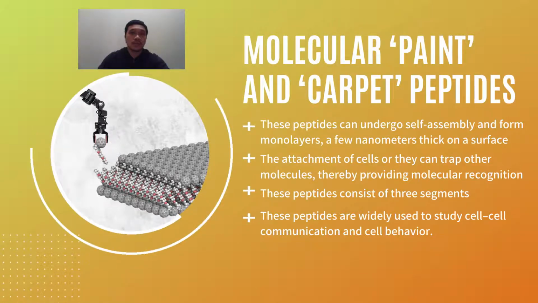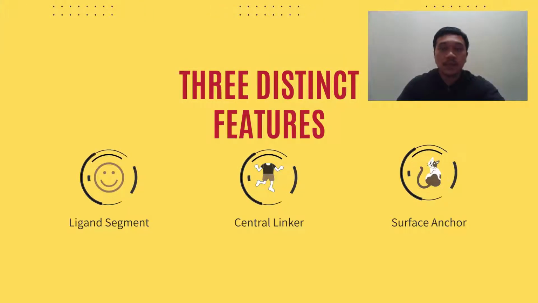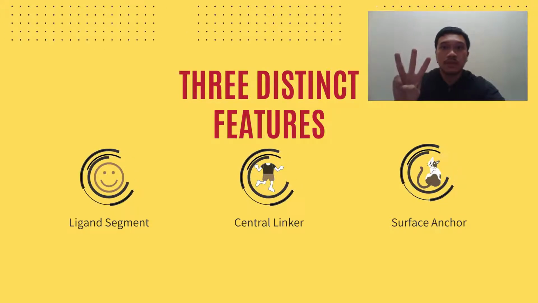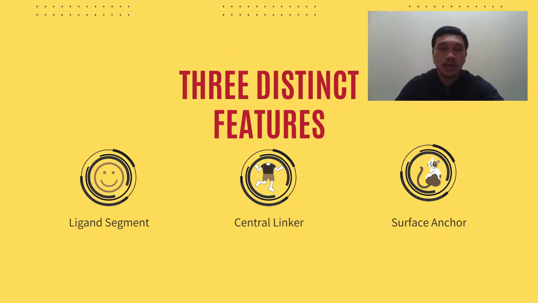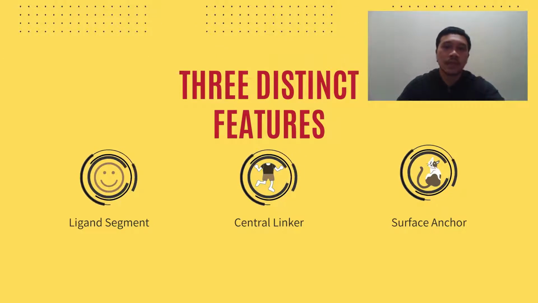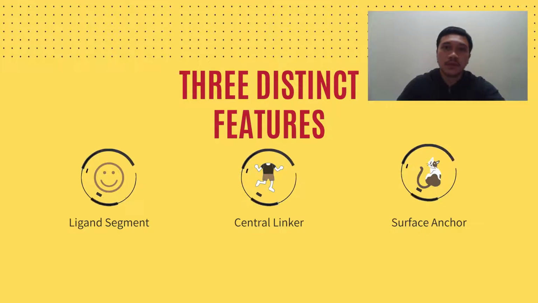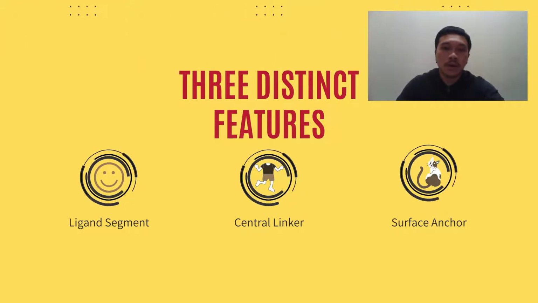These peptides are widely used for cell-cell interactions and behavior. There are three important segmental features in the structure. The first one is the ligand segment, which is also considered the head, functioning in cell-specific recognition by the molecules or cells.